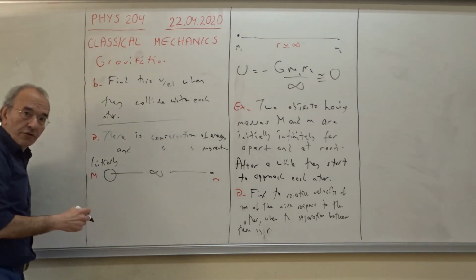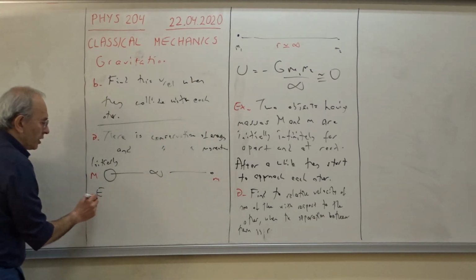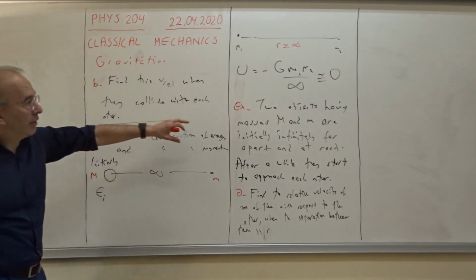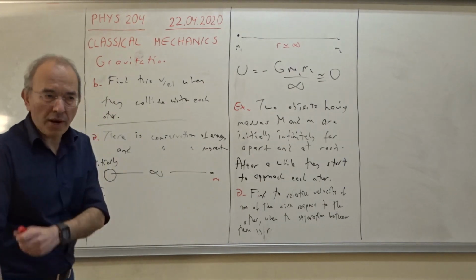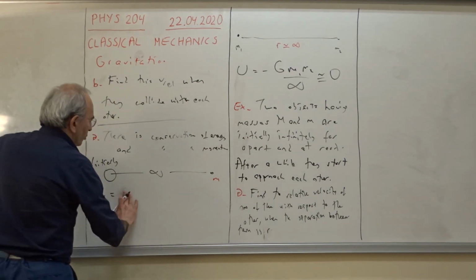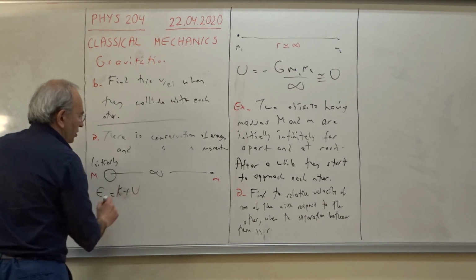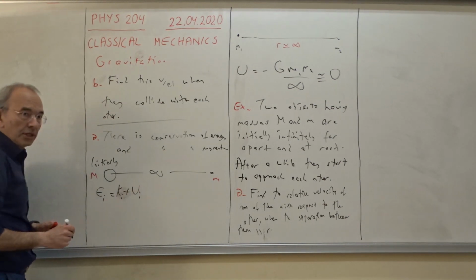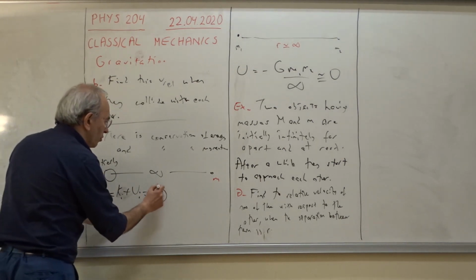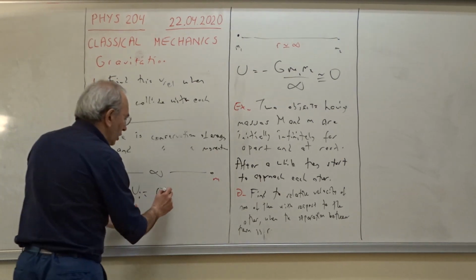So what is the energy of this system? Energy initial, when they are infinitely far away, is just kinetic energy plus potential energy. Kinetic initial, potential initial. What is kinetic initial? There is no velocity, so it is zero. What is potential initial?